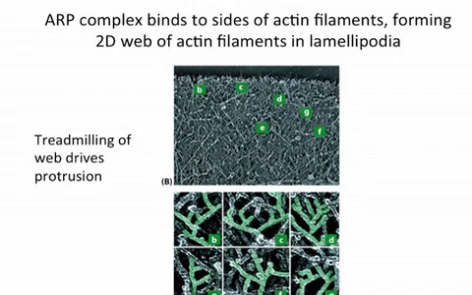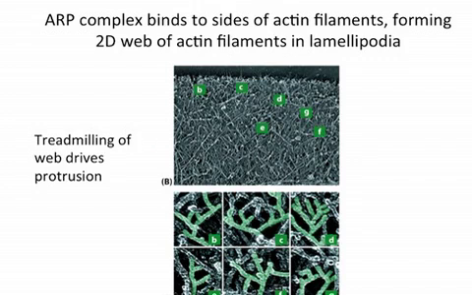ARP binds to the sides of actin filaments, which forms this 2D web of actin filaments. And it's treadmilling that drives the web that drives the protrusion. Remember we learned about treadmilling, which is really just the addition at one end and the subtraction at the other end that makes the whole filament move forward.